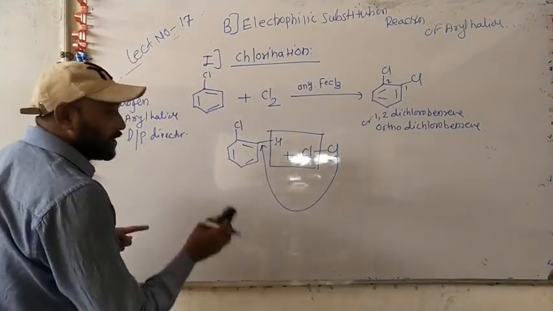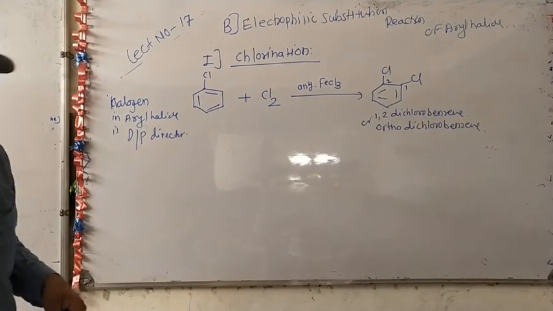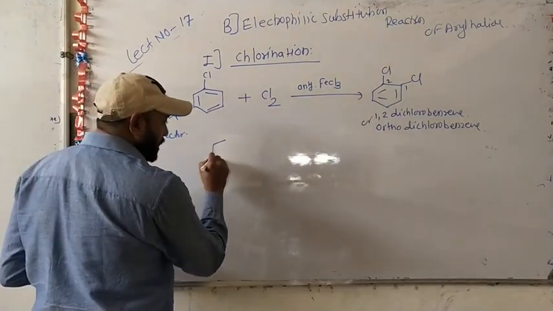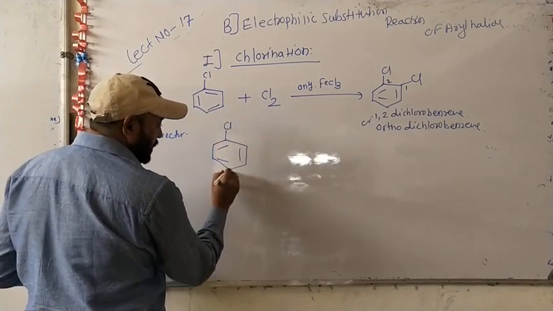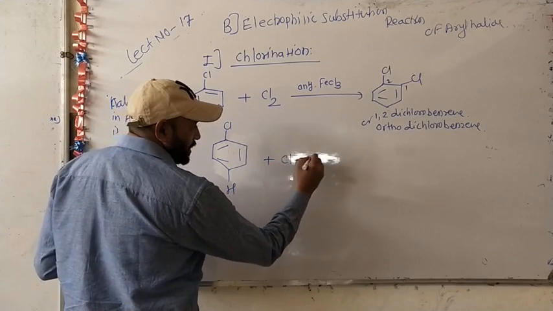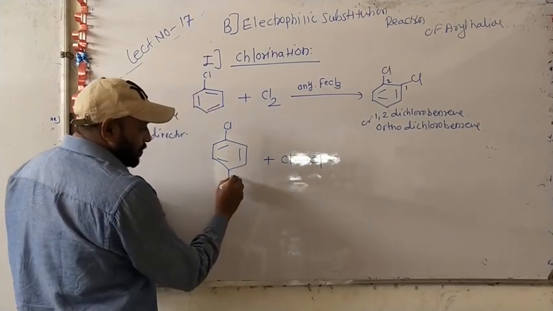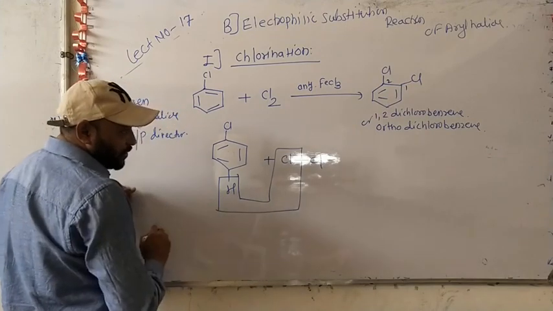Secondly, this chlorine is para director. Hence electrophilic substitution reaction should occur at para position. That's why now we replace the hydrogen from para position, with chlorine from Cl2 molecule.